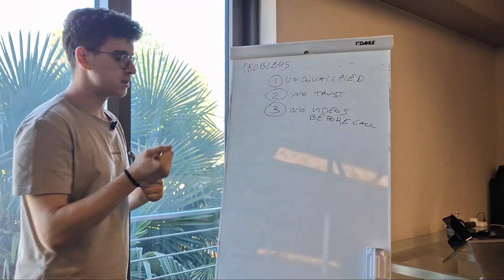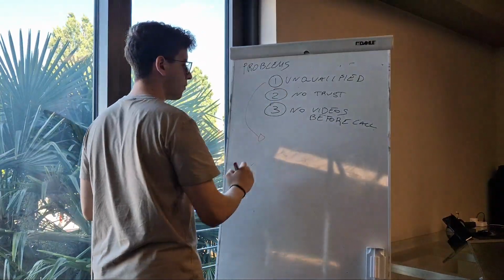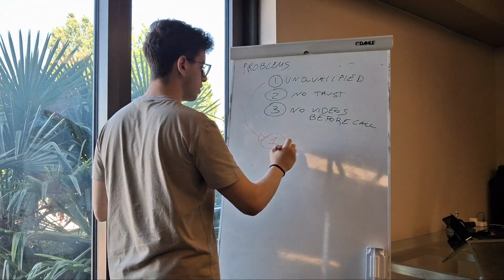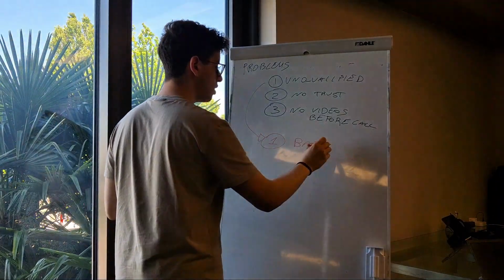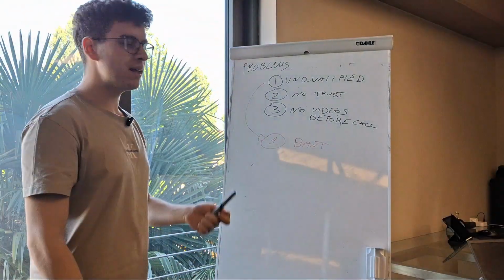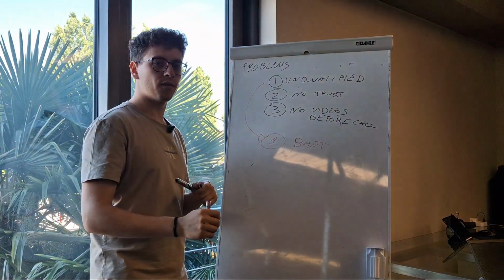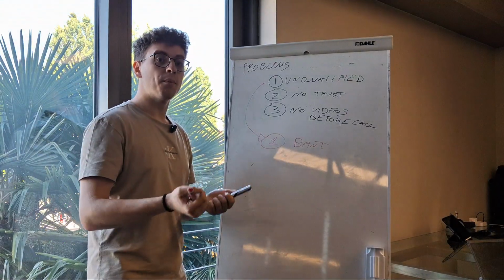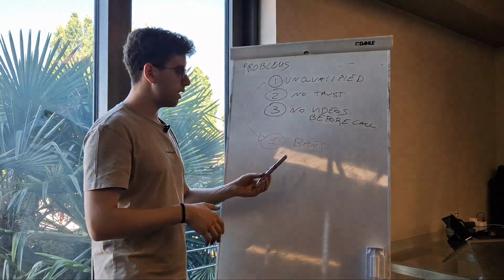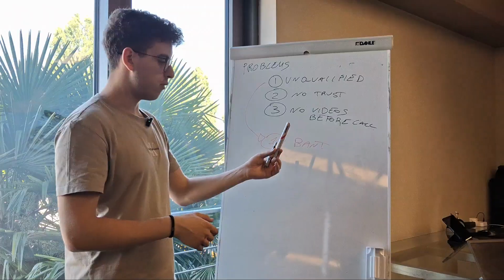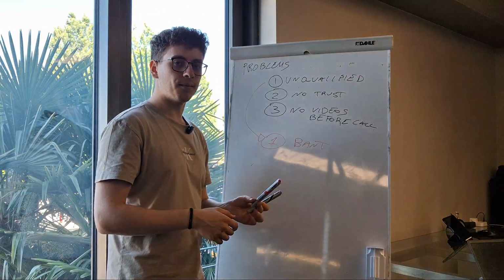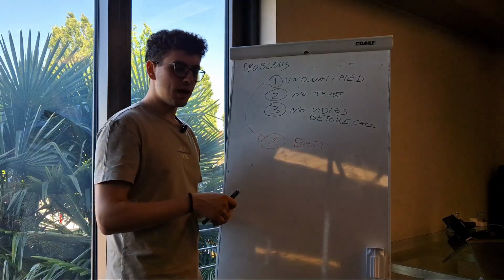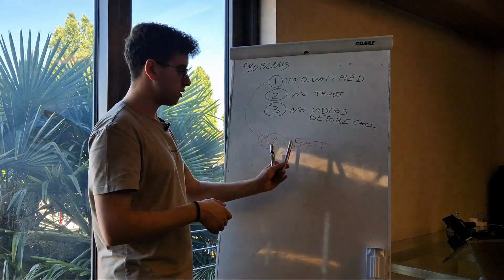Now, how do we solve this? The unqualified people, we had a thing which we saw from Hormozi, which is called BANT. BANT is a system of questions that qualify your prospects before the call. So before booking the call, they will have to fill out a form. Inside the form, we will have some questions based on this BANT.